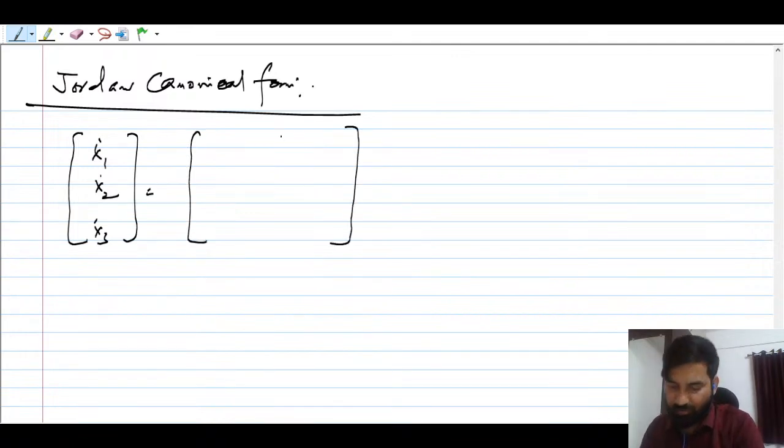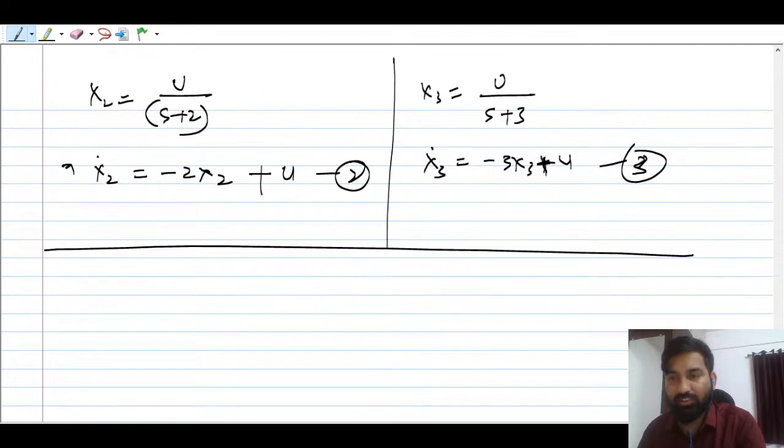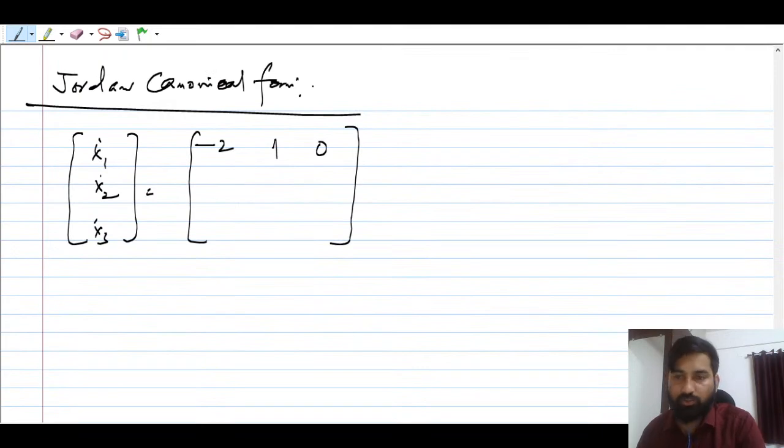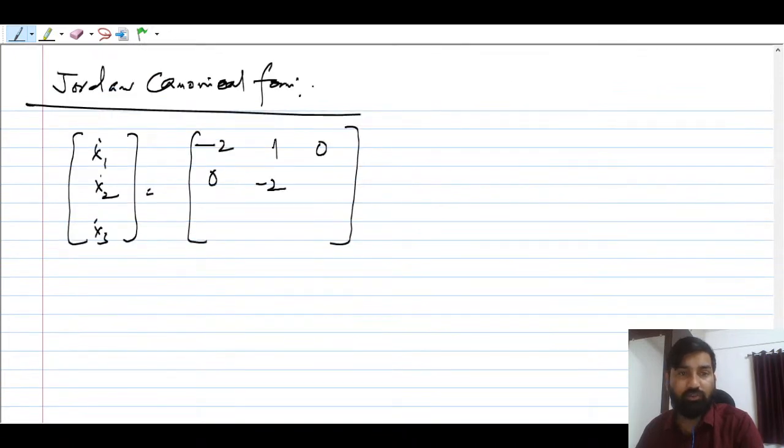First equation has minus 2, 1 and 0. Second equation has minus 2 x2, so this is 0, minus 2, and it is going to be 1. And the last is 0, 0, minus 3. Perfect. I think this is clear.